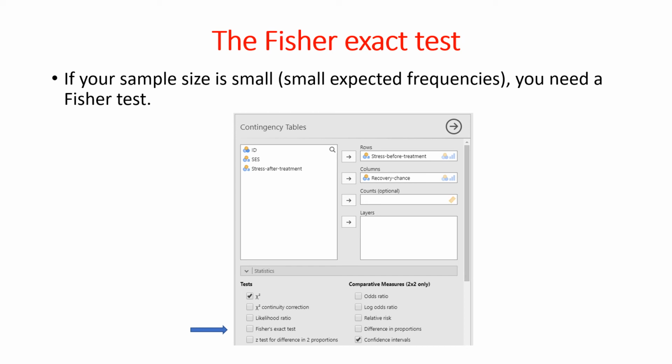You basically click on this, and then instead of a chi-square test of association, you'll get a Fisher's exact test. And you can also have the chi-square test as well, and then compare the result with Fisher's exact test. But if you have a small sample size, you don't need to worry. This is the way to go.